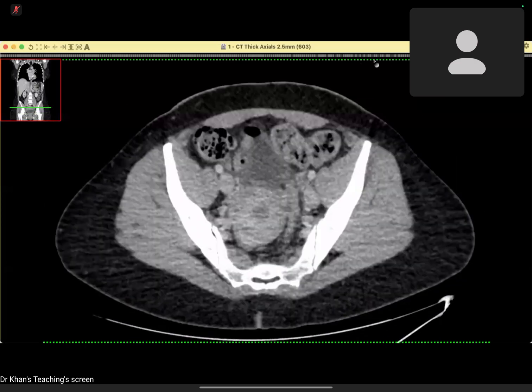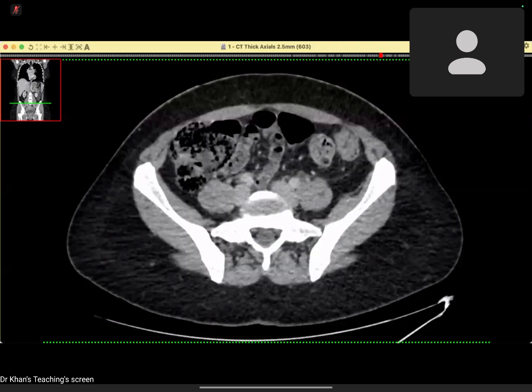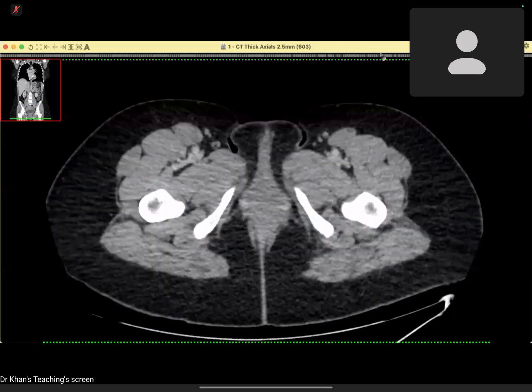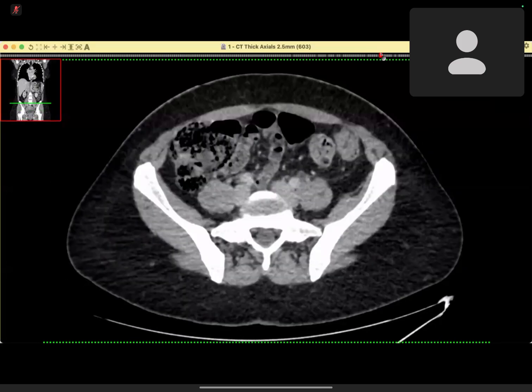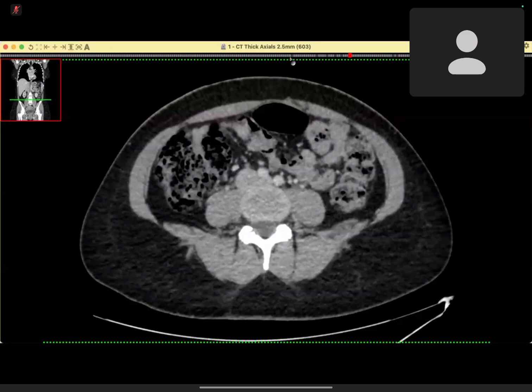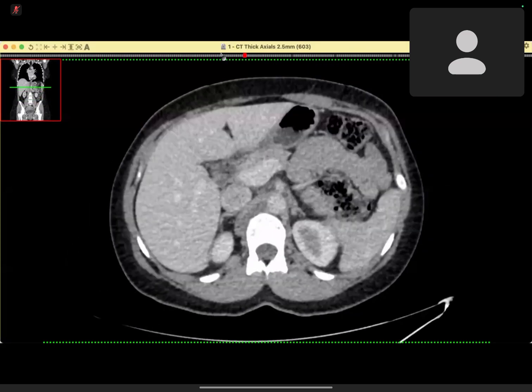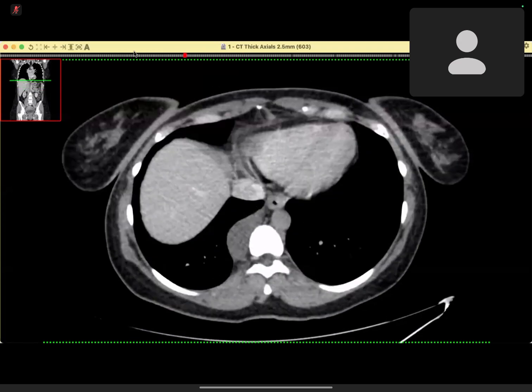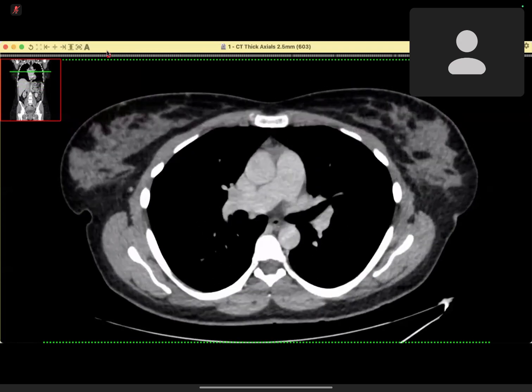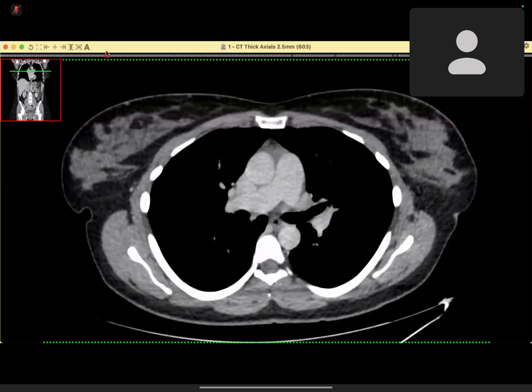On the first scroll, I can see that there is an area of soft tissue density adjacent to the vertebra on the right hemithorax in the posterior mediastinum.